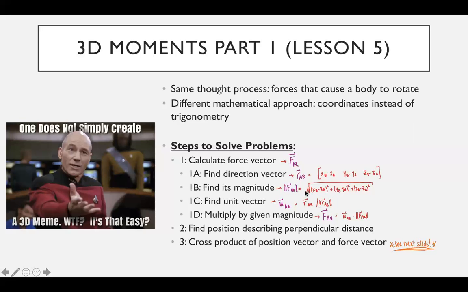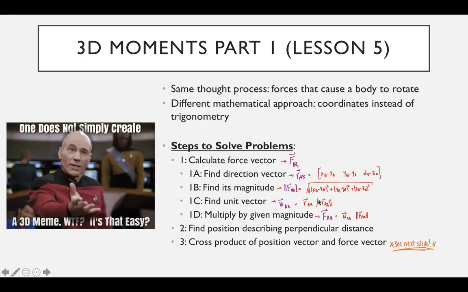So here you use essentially the distance formula. You just square each one of these components and then square root the sum of that. And then to find the unit vector, you divide your position vector by the magnitude of that vector. And then you'll get a vector with the magnitude of 1.